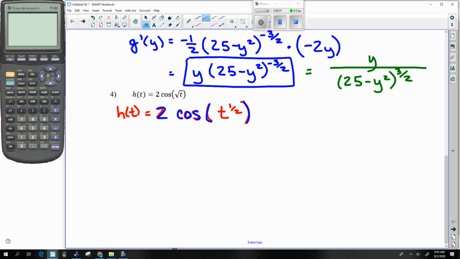All right, focusing on that cosine, this is going to be the derivative. Cosine goes to negative sine, so this is going to be negative 2 sine. Leave the inside alone. All right, so that's the derivative of that. Now the chain rule is the inside, that's the t to the 1/2, and that's going to be 1/2 t to the negative 1/2.